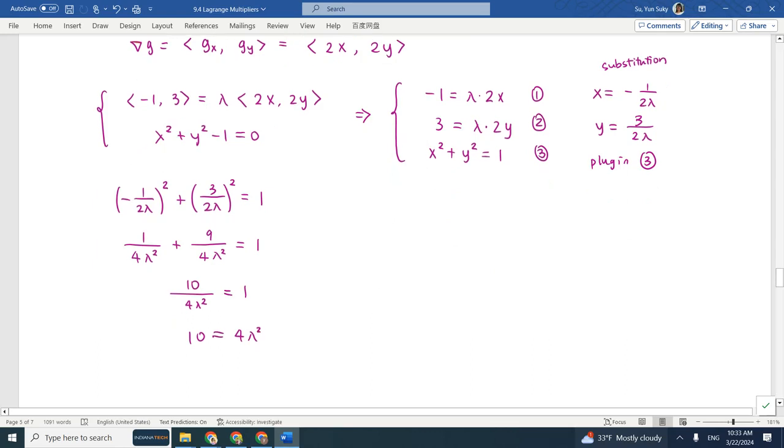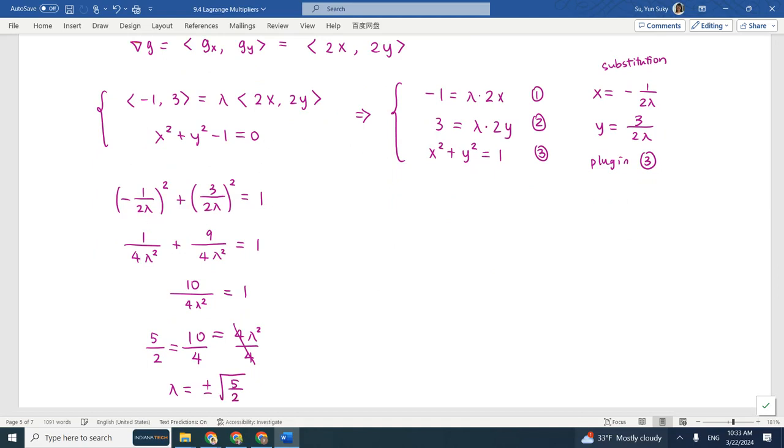Right? And then what do we do? What is 10 over 4? And then from there we take the square root. And when we take the square root, we get plus or minus.